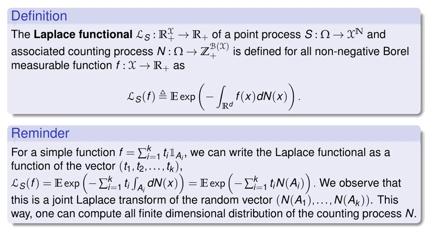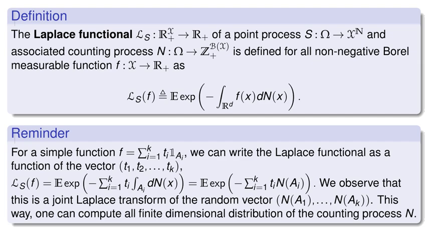A quick reminder on this: if f is a simple function, say f equals the sum from i equals 1 to k of t_i times the indicator function of A_i, then we can write the Laplace functional as a function of the vector t1, t2, and so on till tk.